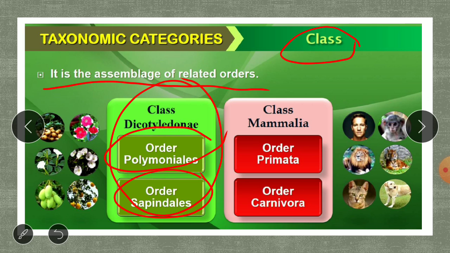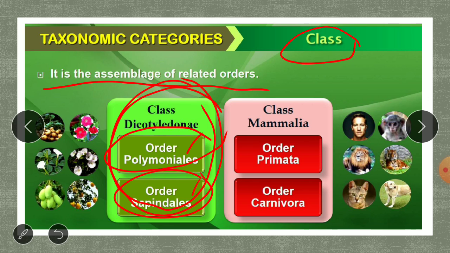For example, you can take your groundnut seeds. You can get two equal halves. So those types of seeds are all put into the class that is the Dicotyledonae.